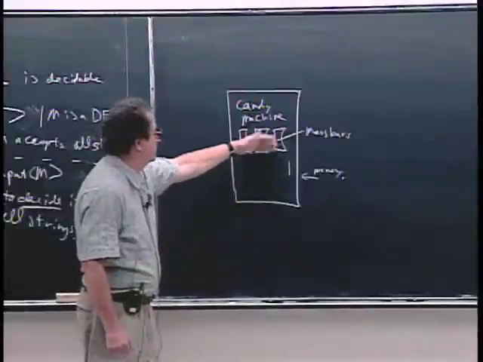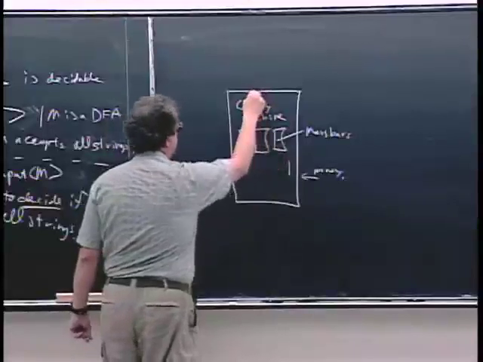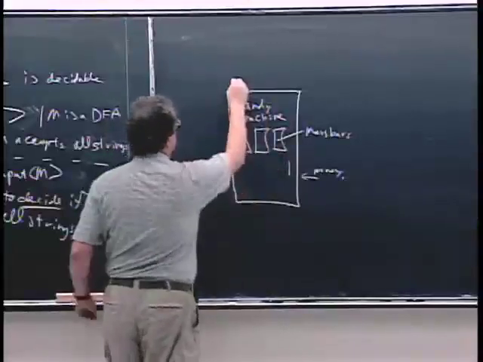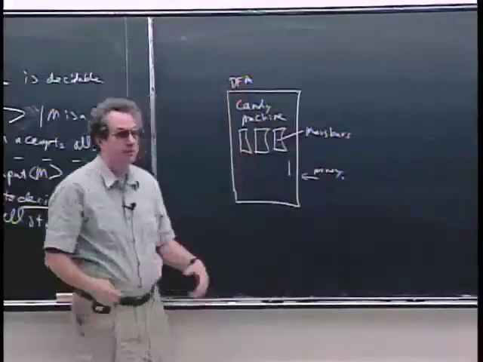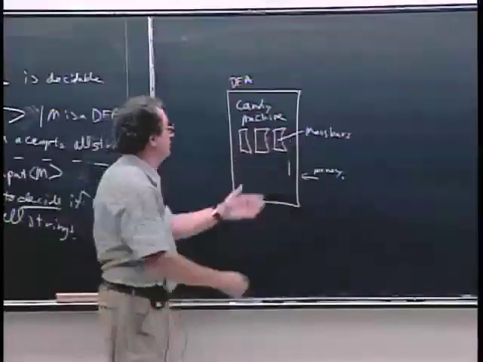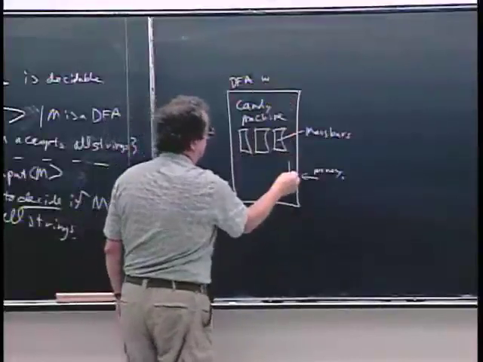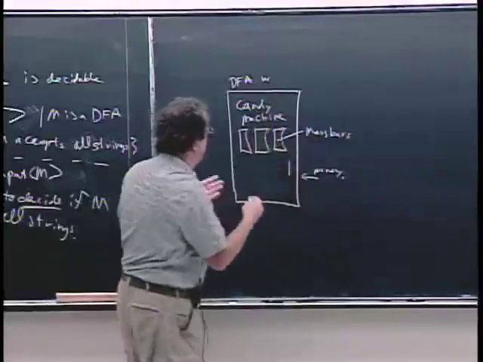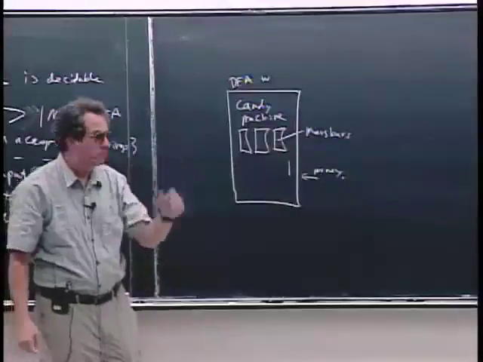So that's a very specific low-level thing, and this is a specific, let's say this is a specific DFA, and you have a specific input or question. W is sort of the question of will it work the next time somebody wants a Mars bar? Okay, so you have that question.